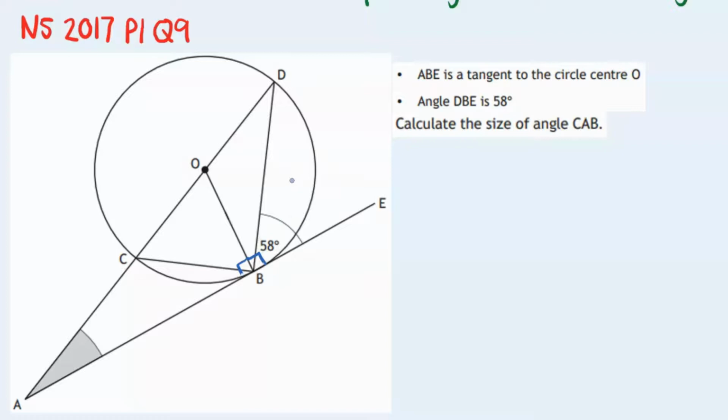Now, the next thing that I would do, following the rules that I mentioned at the top, is mark the radius lines, just to show that they're equal length, and then hopefully we can maybe see some isosceles triangles, something like that. So we know that line OC is a radius, line OB is a radius, and line OD is also a radius, okay?